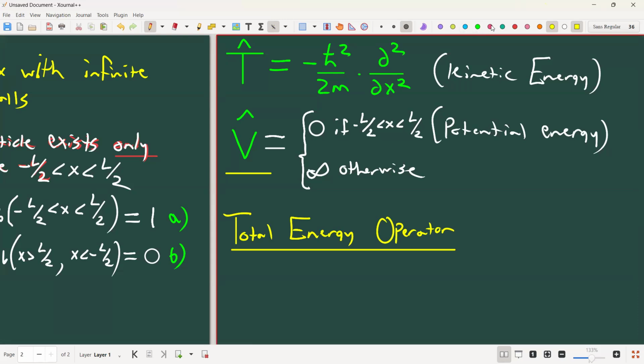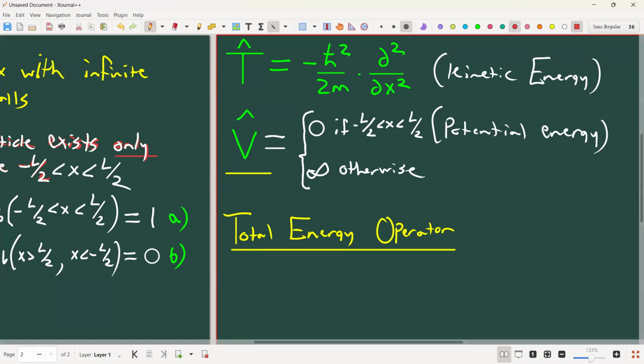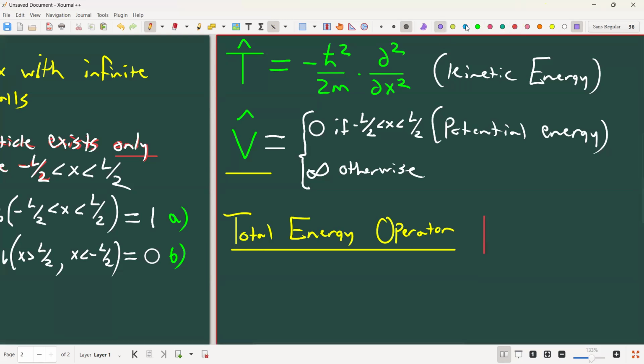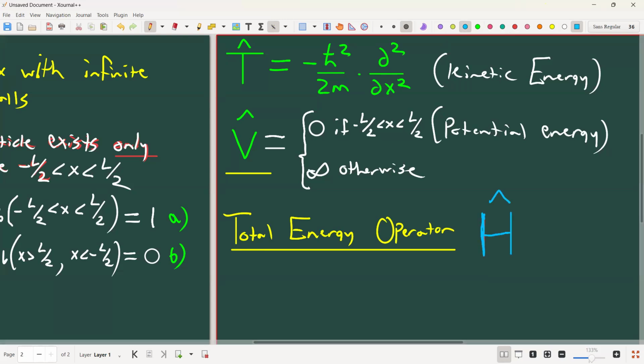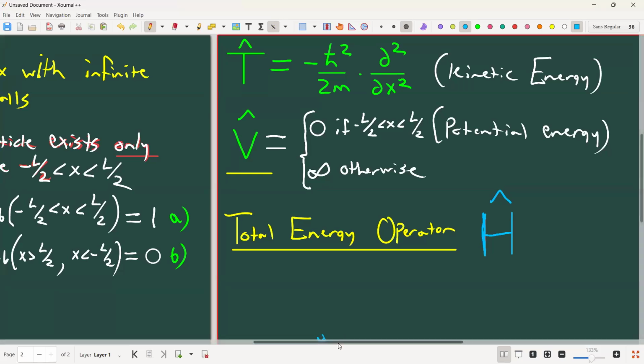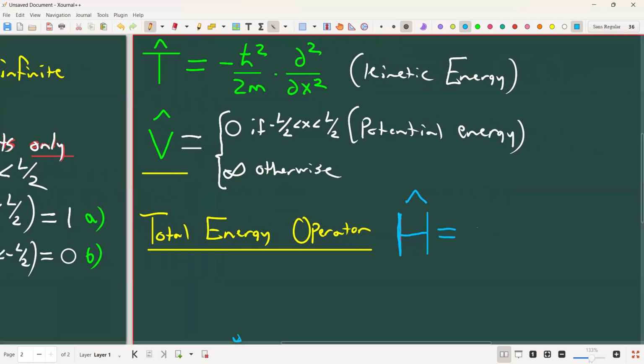And we have a special name for that total energy operator. We name the operator H. Anytime you see big H like this in this class, it means the total energy of a system. And this is just the sum of the kinetic energy operator plus the potential energy.